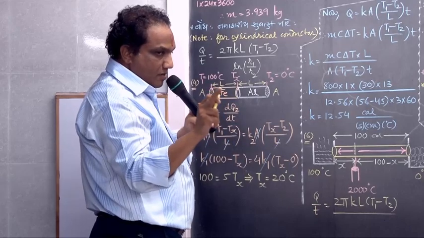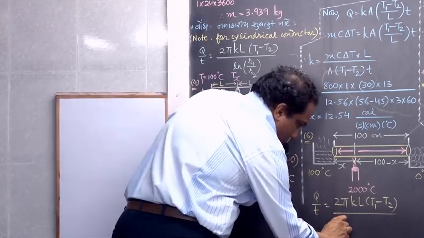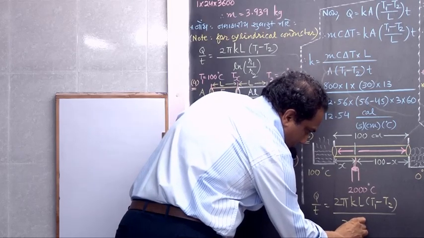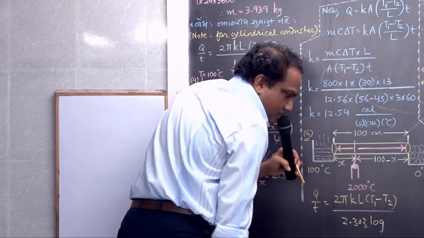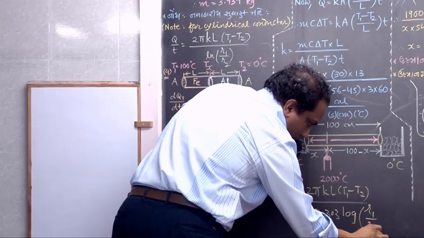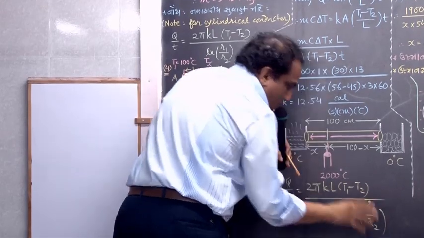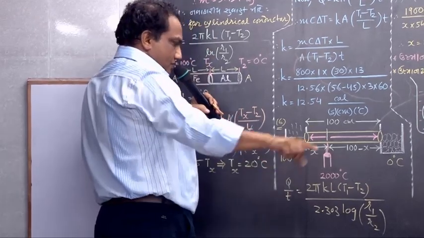As I said, I should multiply by 2.303 and write log, meaning logarithm to the base 10, of R1 upon R2. So this is the formula for our purpose. We must use this formula now.